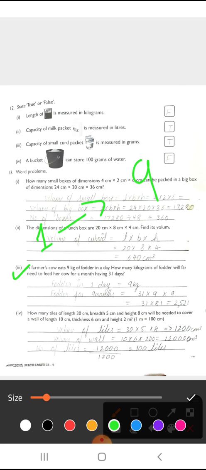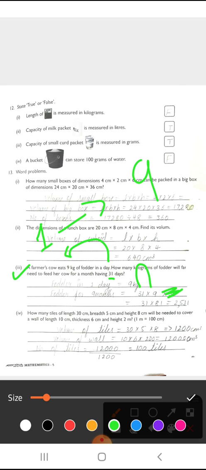So you have to tell how much the farmer needs, as it is taking 9 kg of fodder in one day. So you have to tell for a month. So in a month, it is given 31 days are there. So we'll multiply 9 multiplied by 31.